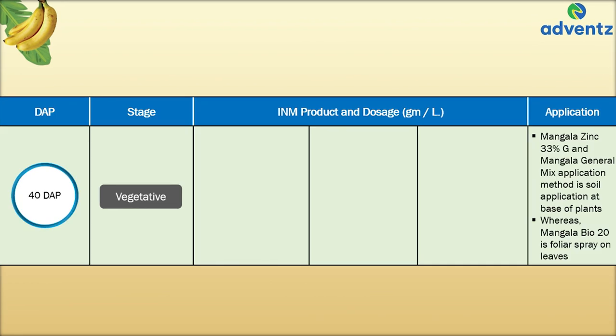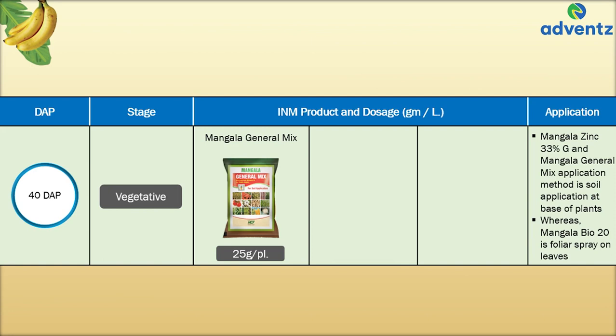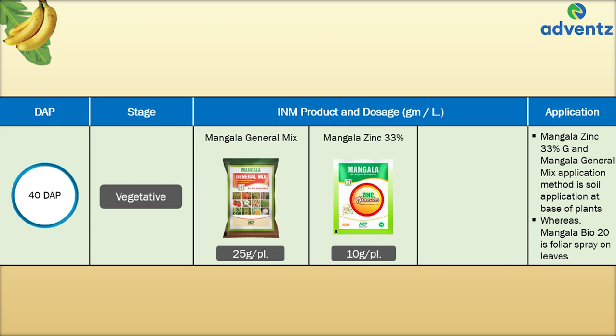Soil application of Mangala General Mix at the rate of 25 grams per plant and Mangala Zinc G 33% at the rate of 10 grams per plant are recommended at vegetative growth stage, which is at 40 days after planting.